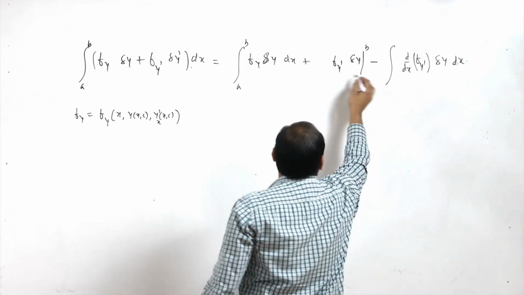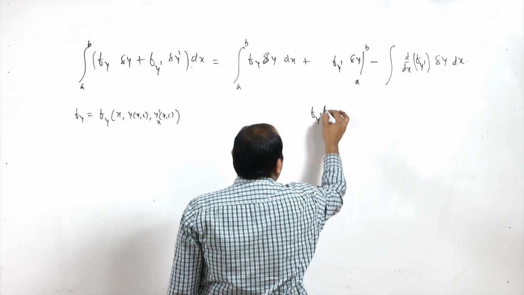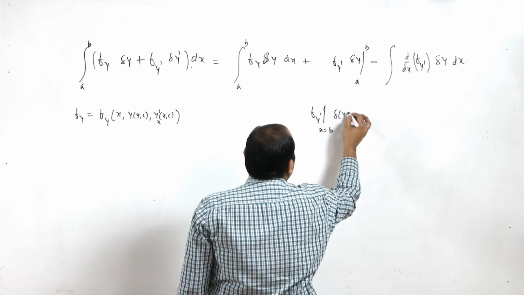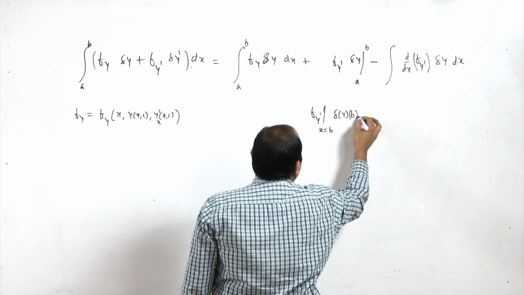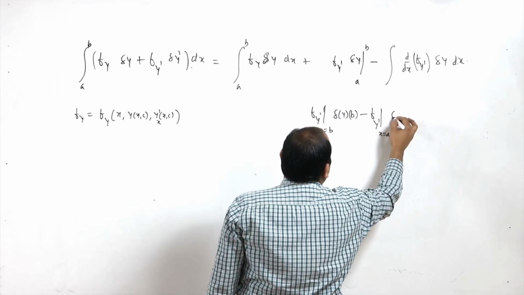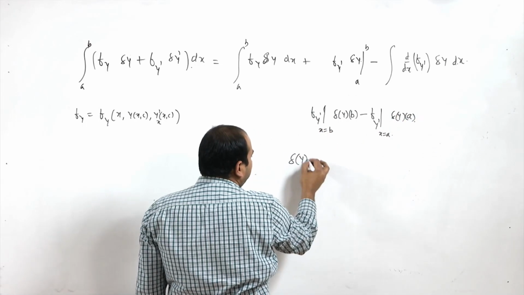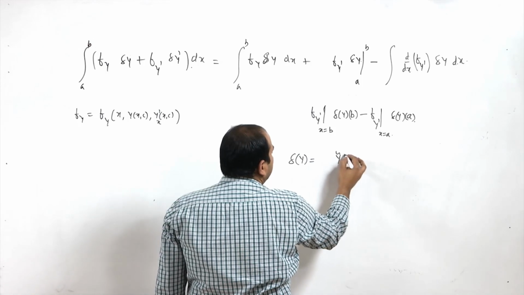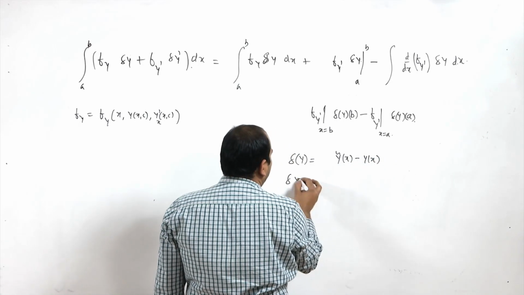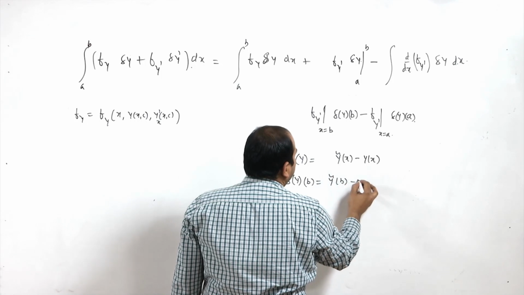So if you look at the value here, it is f y dash evaluated at x equal to b into delta y of b, minus f y dash evaluated at x equal to a and delta y evaluated at a. Now if you remember, delta y is basically y tilde of x minus y of x, and if you calculate delta y of b, it is nothing but y tilde of b minus y of b.